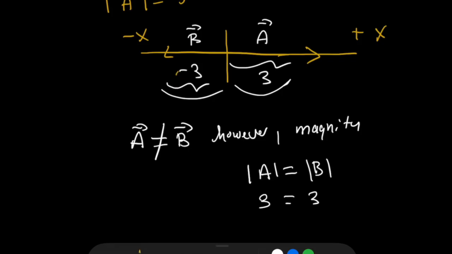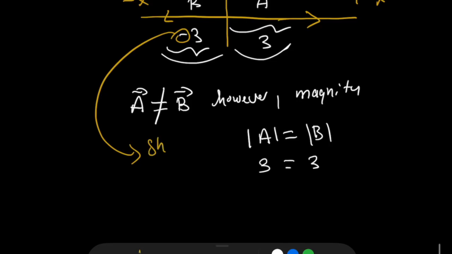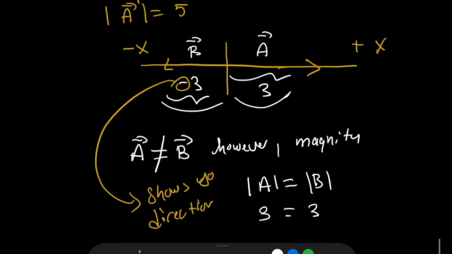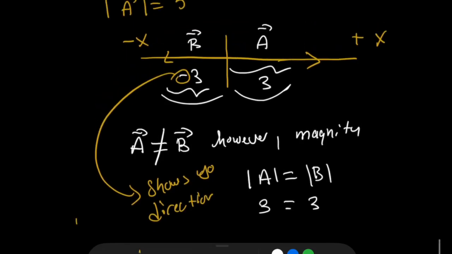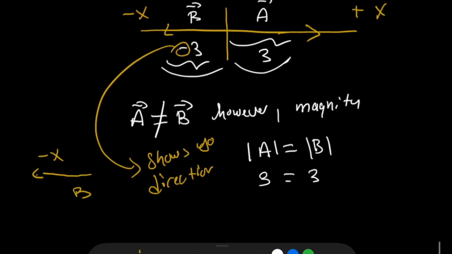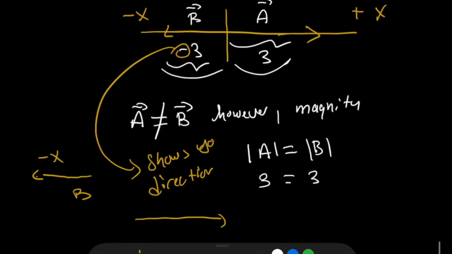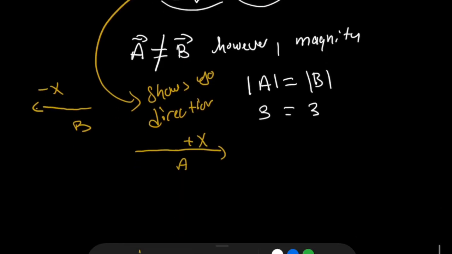So what happened is negative. This negative shows you the direction. It means that b is negative direction and a is positive direction. That's it. But the magnitude is 3.